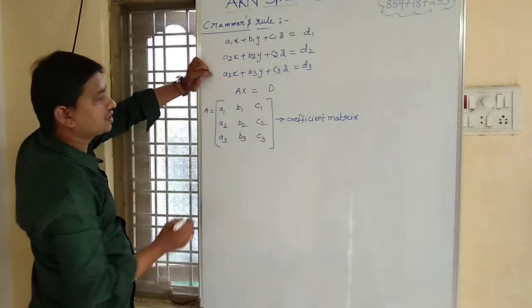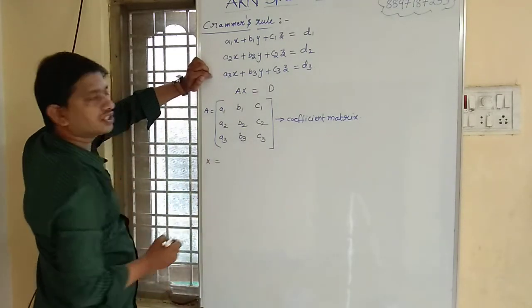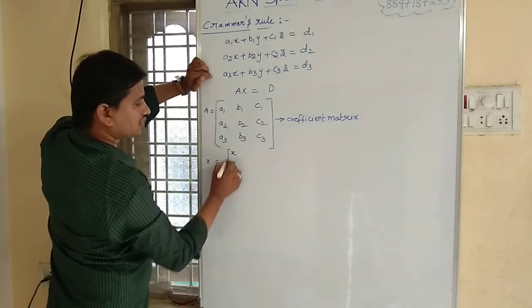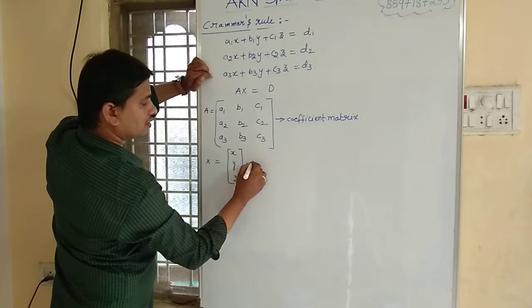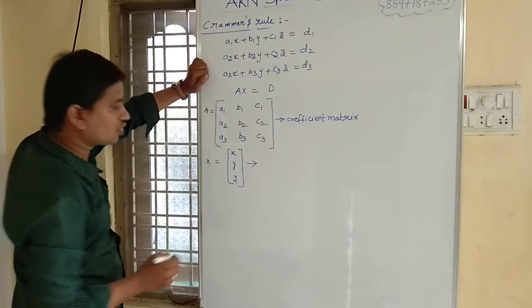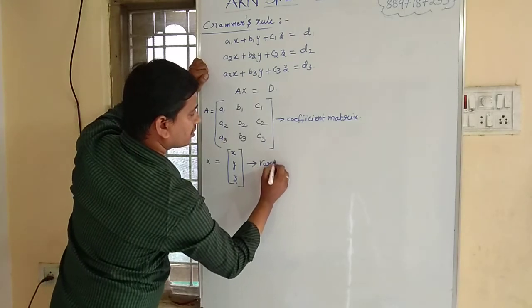And what about X here? X is equal to x, y, z; this is the solution matrix. We can also call it the variable matrix.